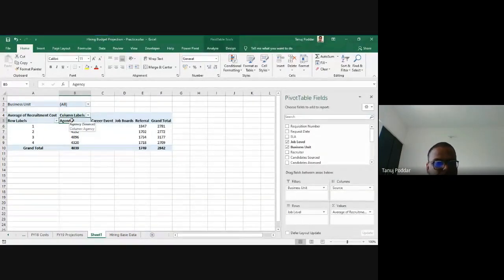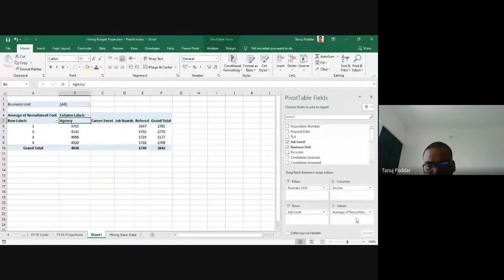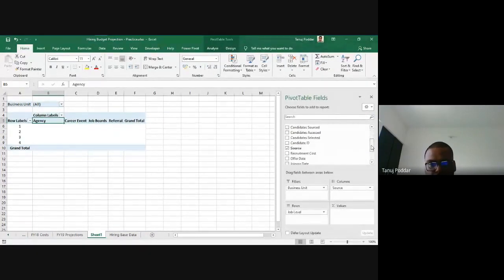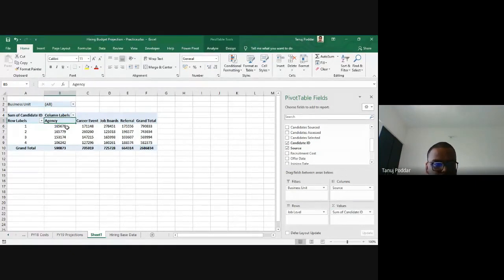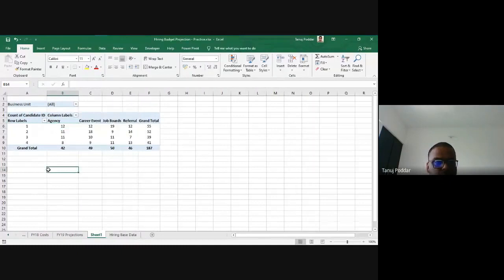You just need to sequence it the way I have pasted here: agency, referral, career event, and job boards. I'll take out the average of this. I can take candidate ID not as the sum but the count of it.